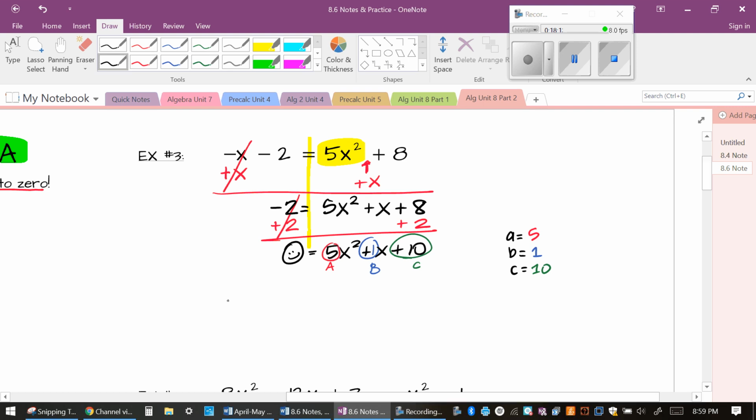Okay, I'm going to go ahead and start filling them into the quadratic formula. X equals the opposite of B plus or minus the square root of B squared minus 4AC, all divided by 2A.